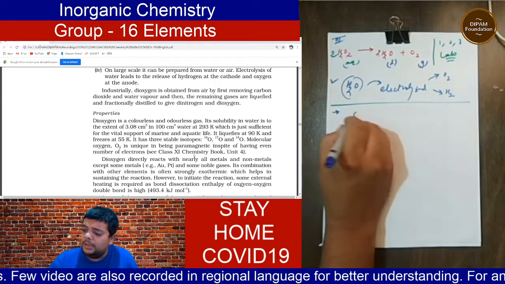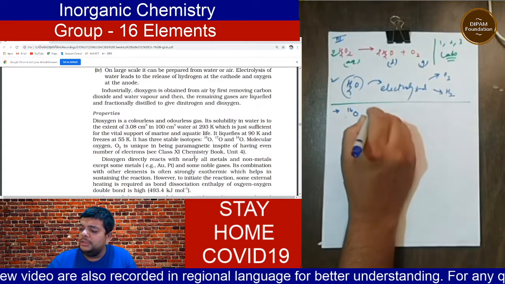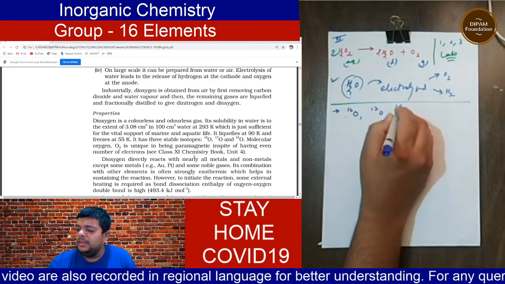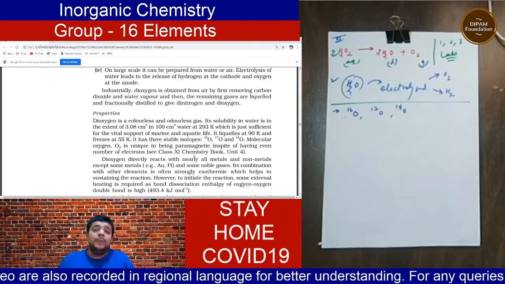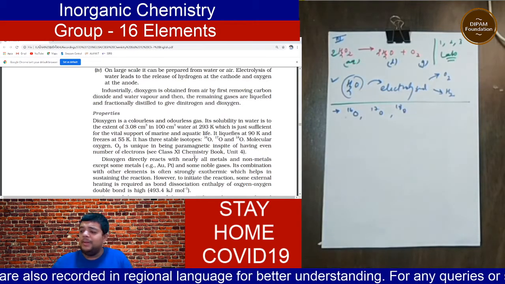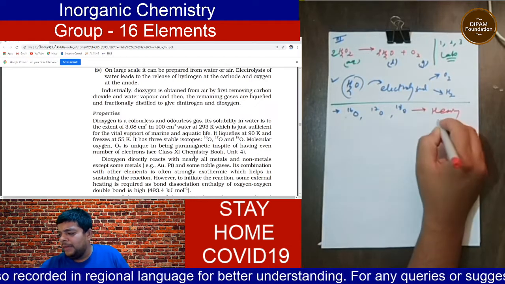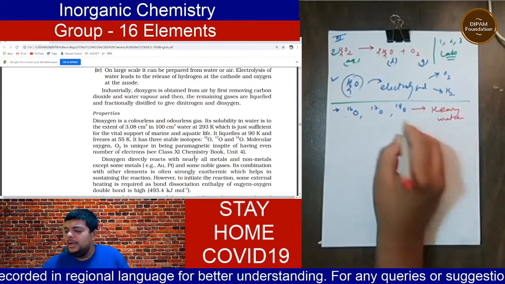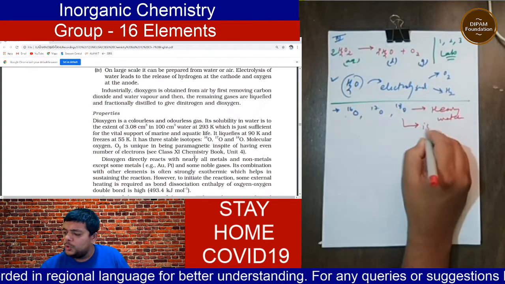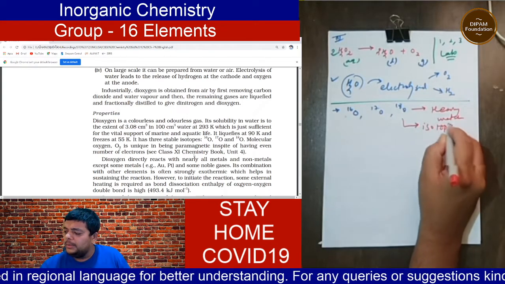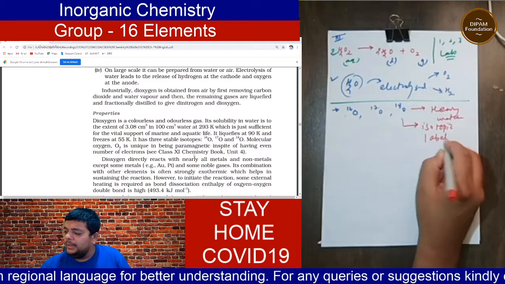It has three important isotopes: oxygen 16, 17, and 18. You might be knowing, if not, remember very well, this is used when you prepare heavy water, and it is also used in isotopic labeling.